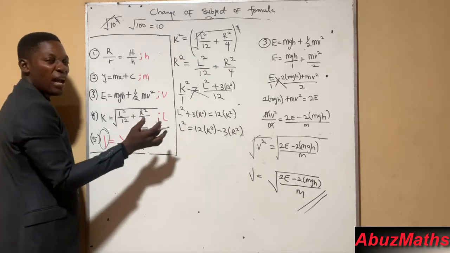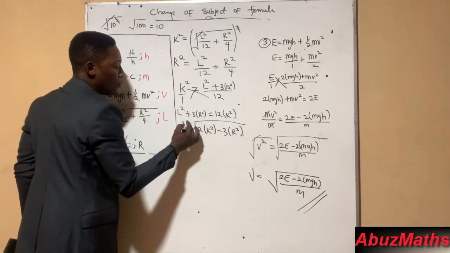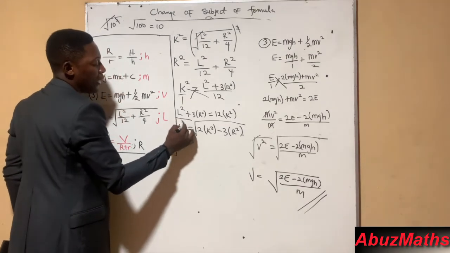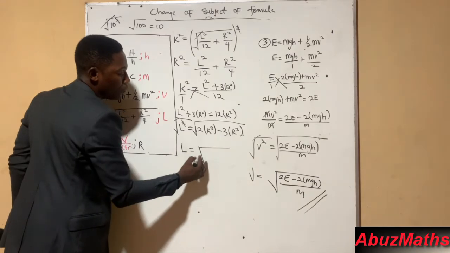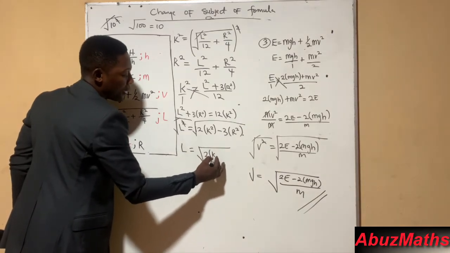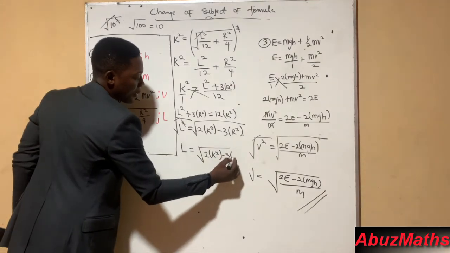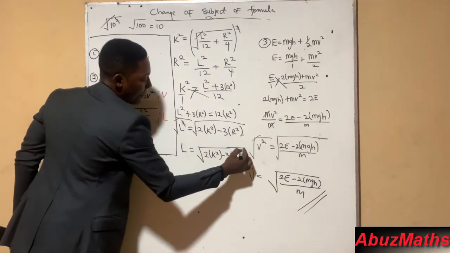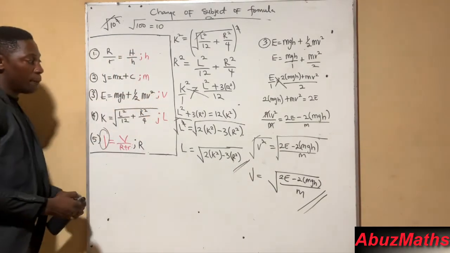I'm looking for L, so I have to take the square root of both sides. This one cancels this. So L becomes the square root of (12k squared minus 3R squared). And that is your final answer.